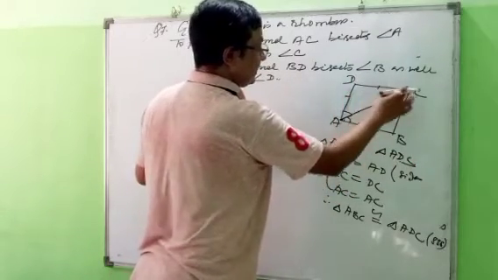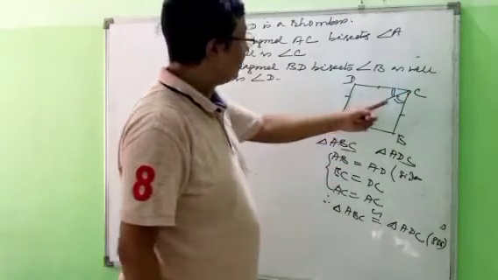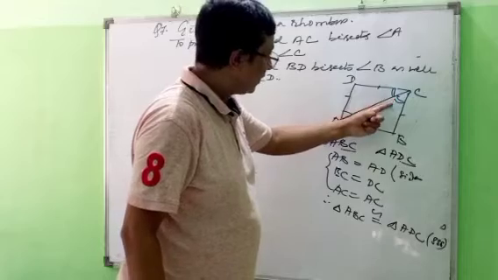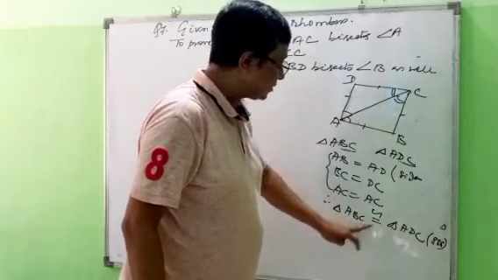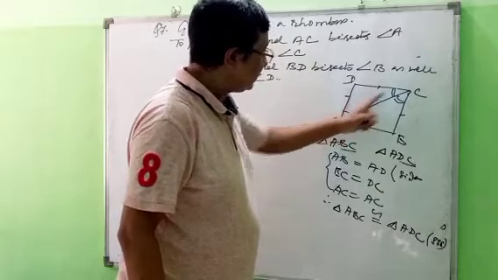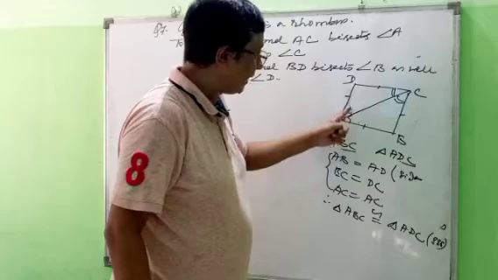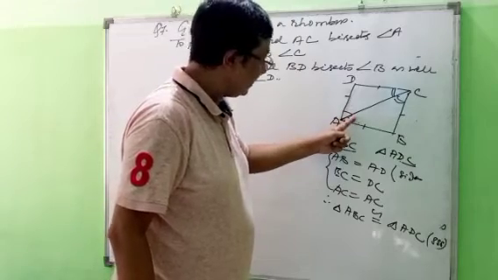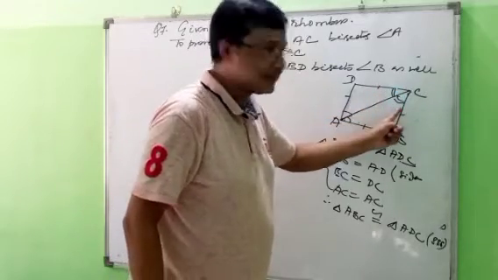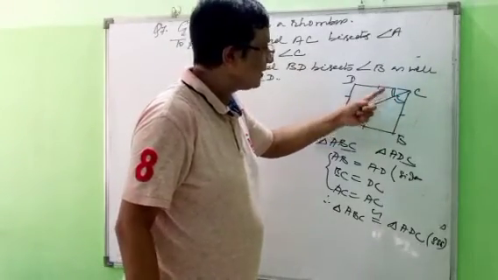These two angles are also equal as the triangles are congruent. Thus AC bisects angle A, because these two angles are equal. Similarly, AC bisects angle C, because these two angles are also equal.